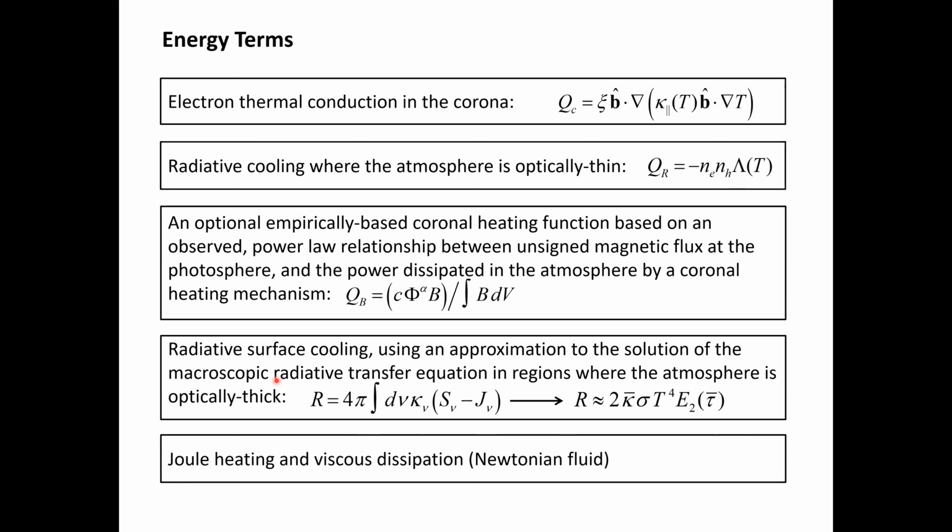There are a lot of groups that do this problem really well, and have for a long time, namely the Oslo group, for example. They solve the radiative transfer in detail and can calculate the intensities and emissivities to compare very realistic calculations with observational data. That's just one example. There are other groups that do that as well: Bob Stein and Åke Nordlund, and the Ames group, Alan Wray and Irina.